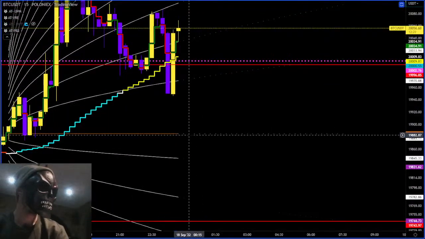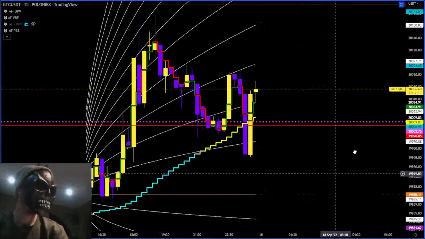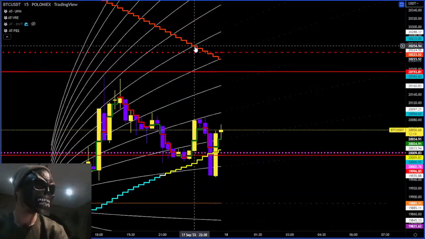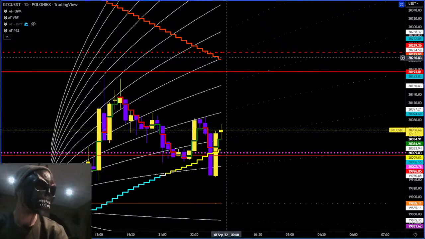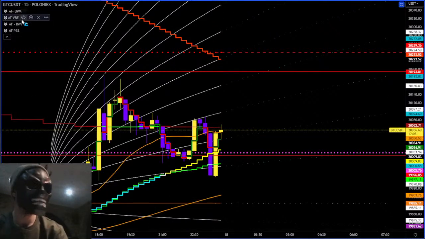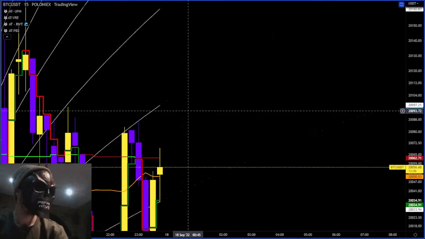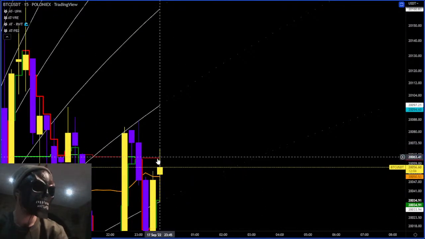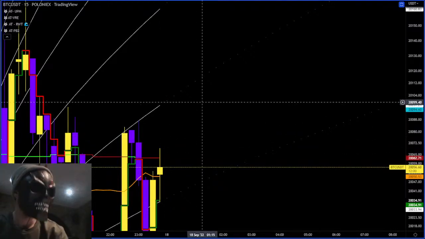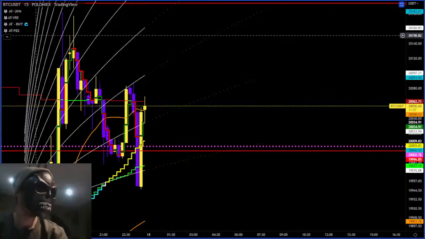The daily mean could print somewhere here, 19,882, or a little higher. Cross. There's a region within due time, as it's crossed 2223. Reverse wave trend, there you go. Open and close above reverse wave trend. Open above reverse wave trend, close above here. Some continuation to the upside.